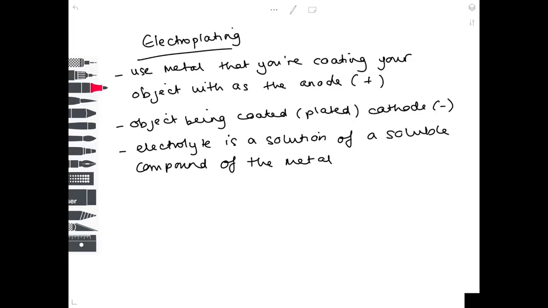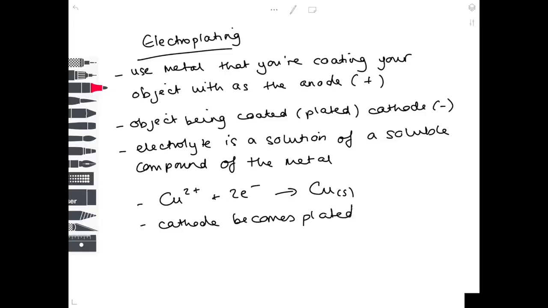So for example, if we were coating in copper, they would be reduced, which means they gain electrons at the cathode to become copper solid. And as a result, that cathode becomes plated or covered in that ideal metal, which in this case would be copper.